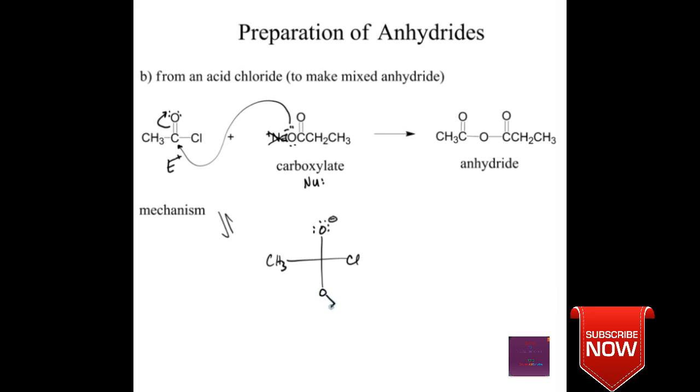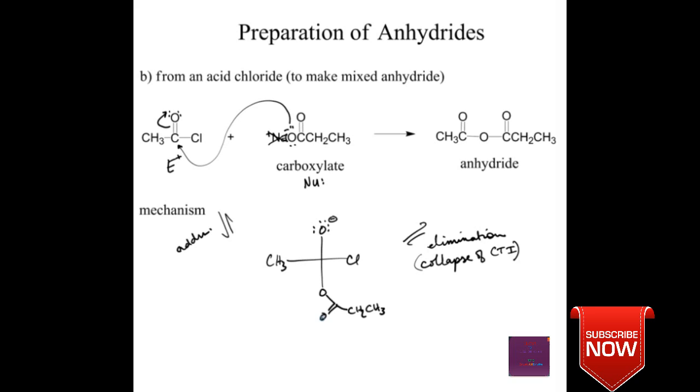It was an oxygen with a carbonyl, and then a CH2 and a CH3. So there's our addition. Remember, overall, our reactions are going to be an addition and then an elimination. This elimination is the collapse of the CTI. This is the reaction the carboxylic acid derivatives undergo: addition of a nucleophile, elimination of a leaving group.